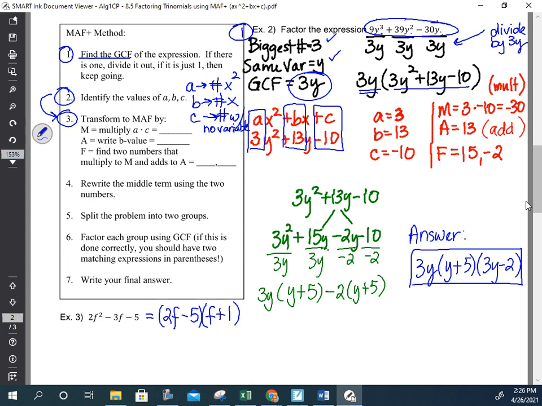To get M, you take the first and the last number and multiply them together. 3 times negative 10 is negative 30. The B value, you move over. That becomes your add value.